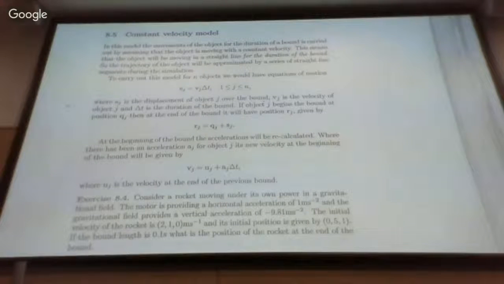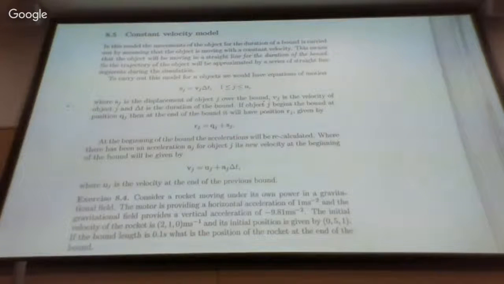J here we're using to index the objects in the environment, so one of these equations for each object. Each individual object has its own velocity. So Vj is the velocity of object j at the beginning of the bound. Delta t is the length of the bound, the short time interval, a fraction of a second or whatever, between frames of the animation.